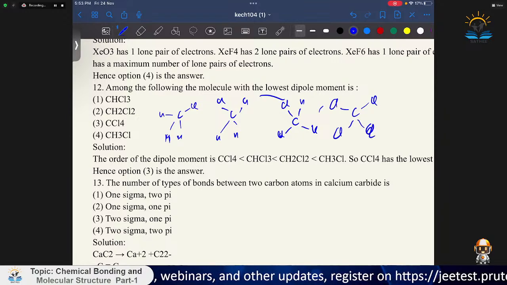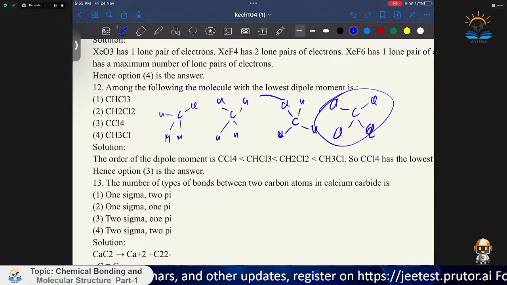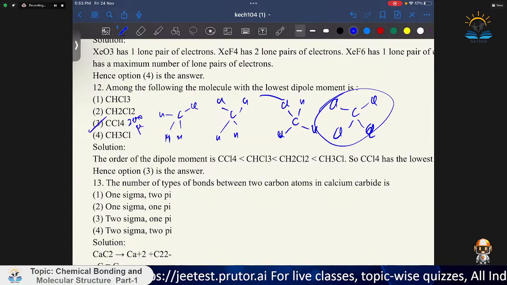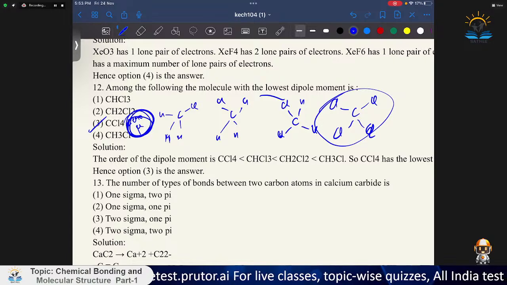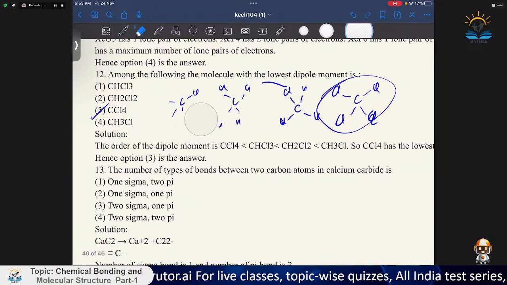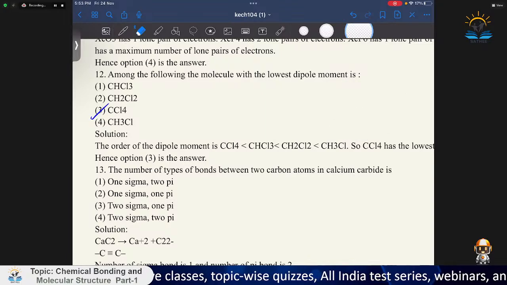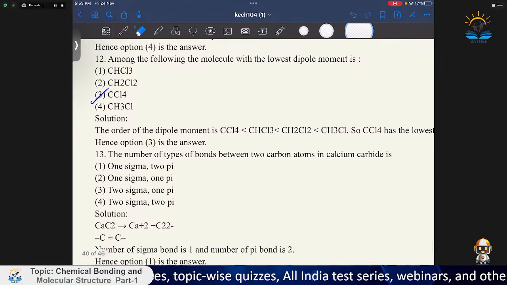Except CCl4. CCl4 is having 4 bonds purely with chlorine, and therefore the dipole moments will cancel each other out. It has a 0 dipole moment. Answer is easy to identify with a bit of reasoning. Answer will be CCl4. All right.